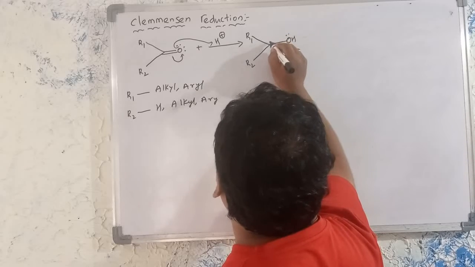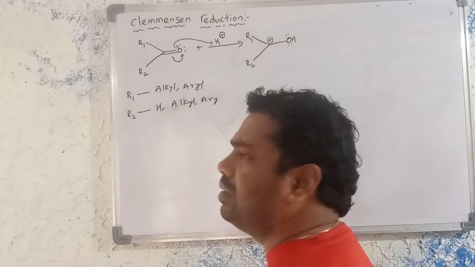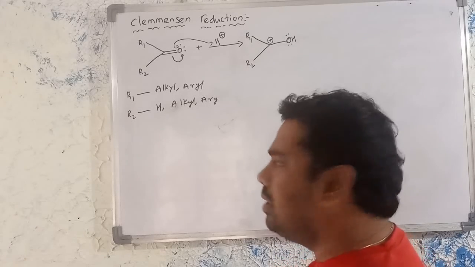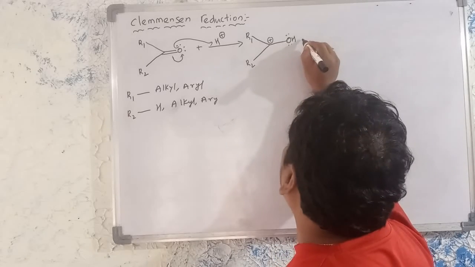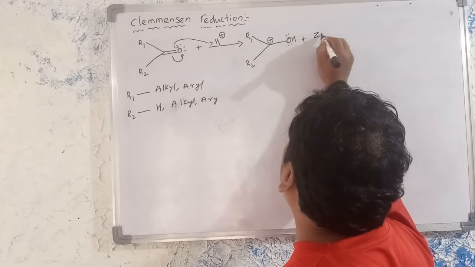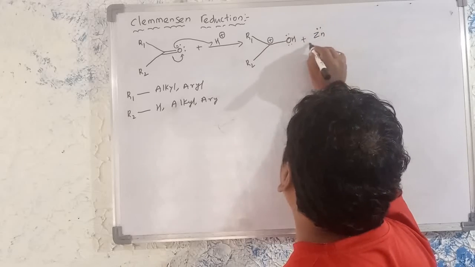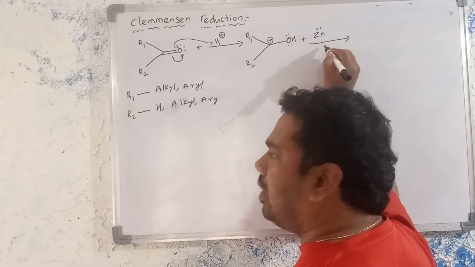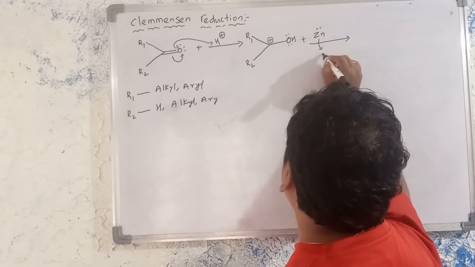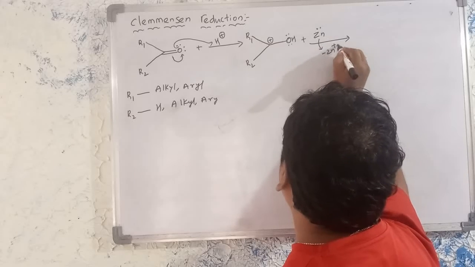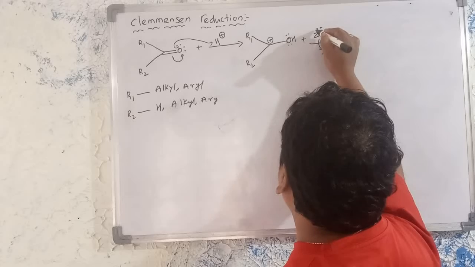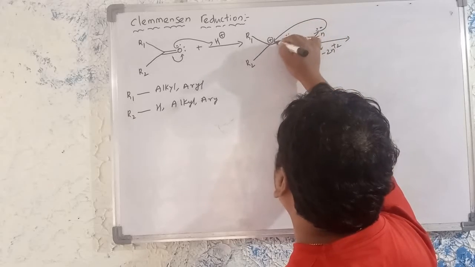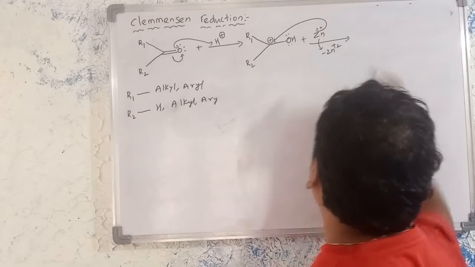So the carbonyl carbon gets positively charged. Again it reacts with the catalyst. Zinc undergoes an oxidation process, Zn to Zn2+. It gives 2 electrons to the carbonyl carbon atom.